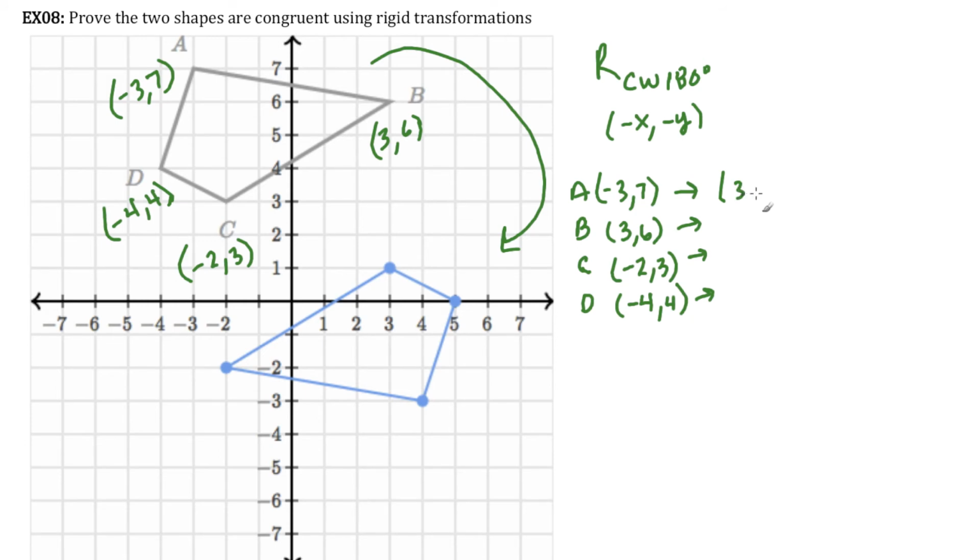So 3, negative 7, negative 3, negative 6, and positive 2, negative 3, and 4, negative 4. So let's try this again. Okay, this is going to look a lot better. So this is what we have now.